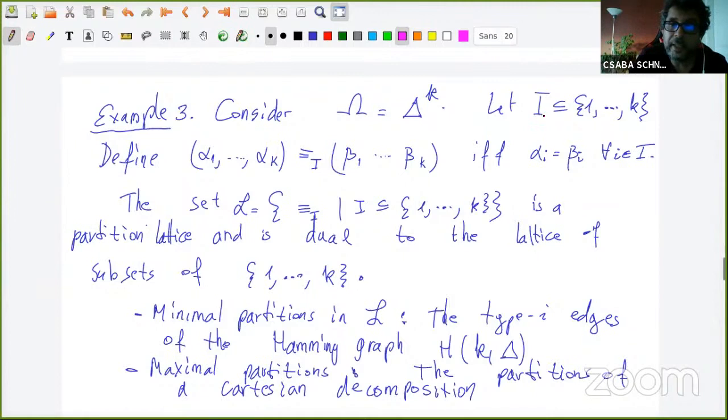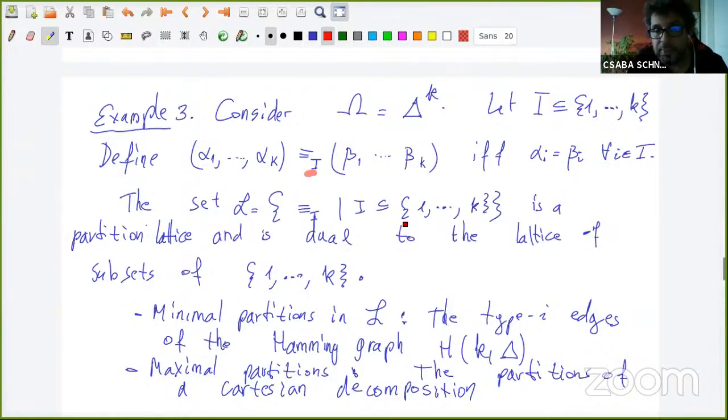For each I, which is a subset of the numbers from 1 up to k, define an equivalence relation on k-tuples such that two k-tuples alpha and beta are equivalent if and only if the entries alpha_i and beta_i are equal whenever the index i belongs to this subset.